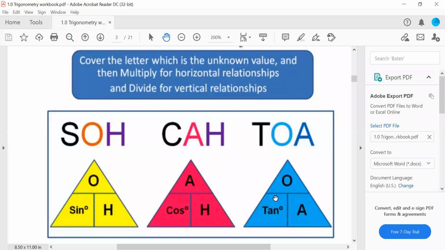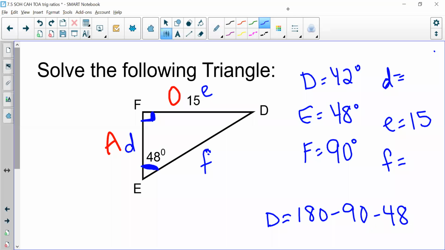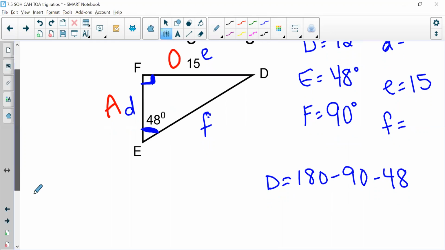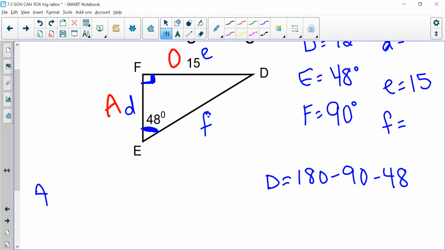What am I doing with the O and the tan? Division. So A equals O divided by tan. All right, so we had A equals, it's just my general formula. I'm going to put variables in here in a second. O divided by tan.